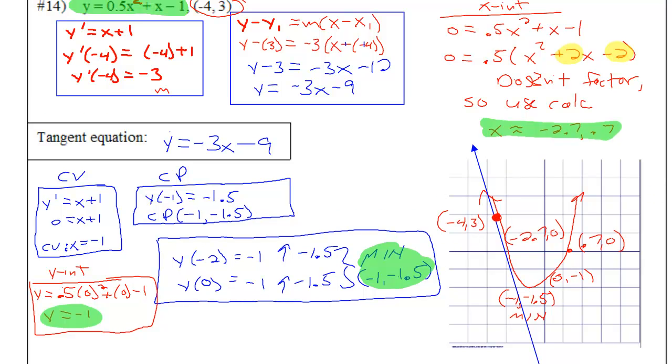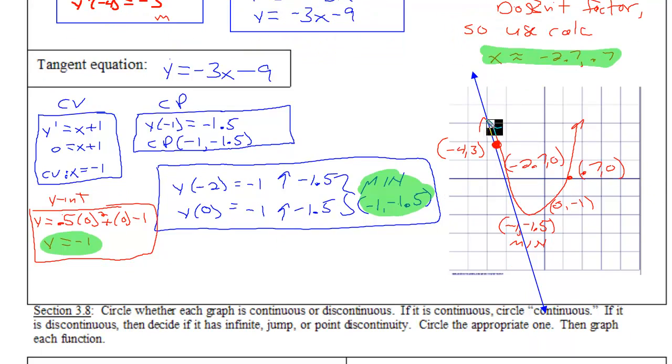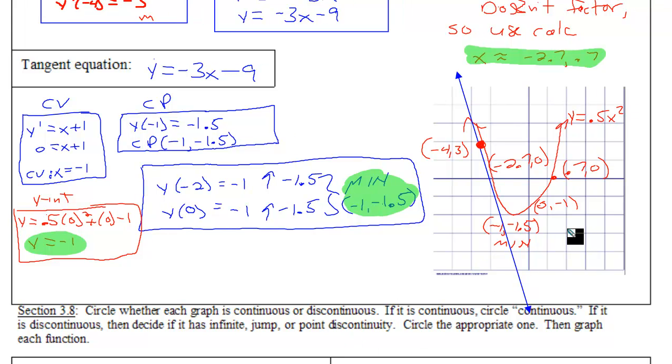Let's make sure we have everything graphed. Got our parabola, which I don't have labeled. This is y equals 0.5x squared plus x minus 1. Our tangent line, I also don't have labeled.